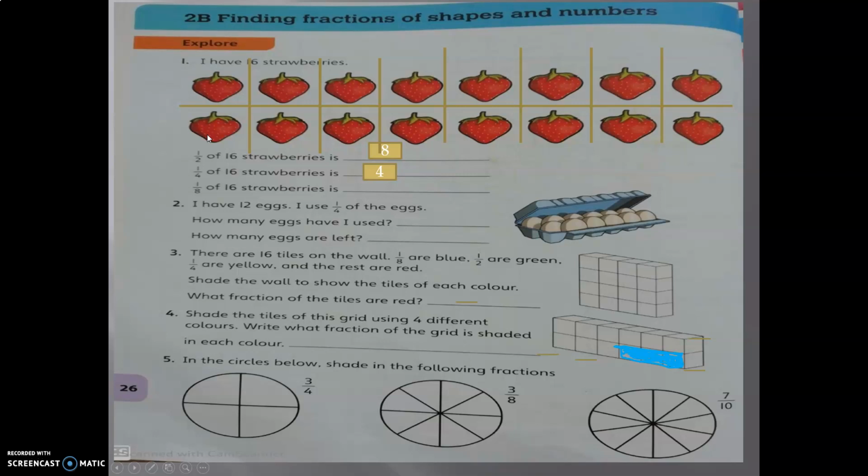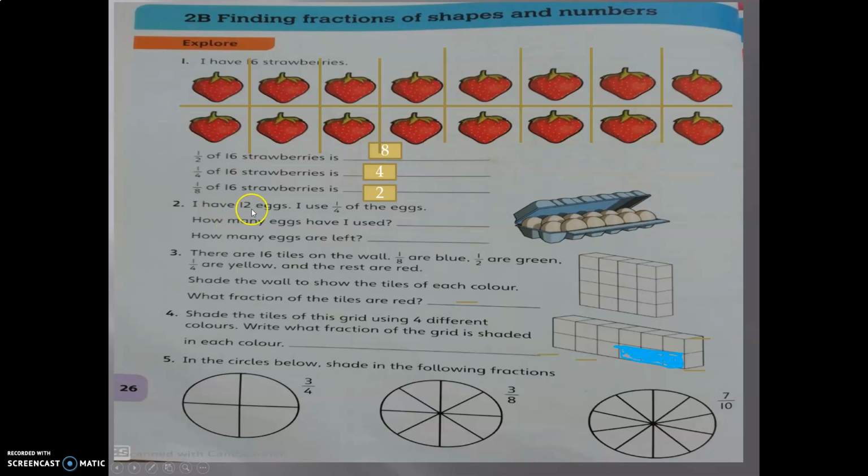How did you know that you need to cut it into 8? Because here he is asking me about 1 out of 8. So one group out of the 8 groups contains only 2 strawberries. So 1 out of 8 of the 16 strawberries, or 1/8 of 16 strawberries, is 2. Also, to make sure that your answer is right, if you multiply 2 by 8, the denominator, it gives you the total 16 strawberries. Okay, let's go to question number 2.